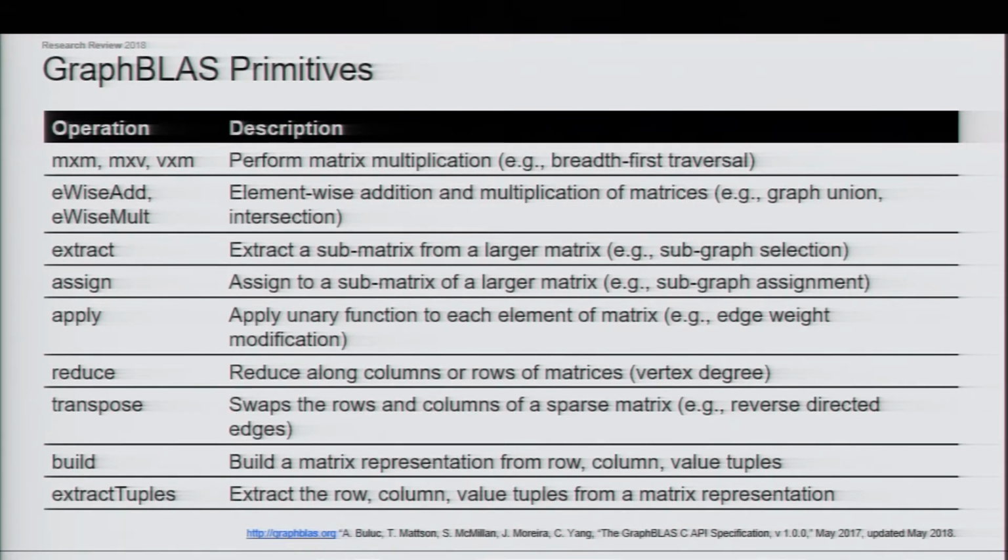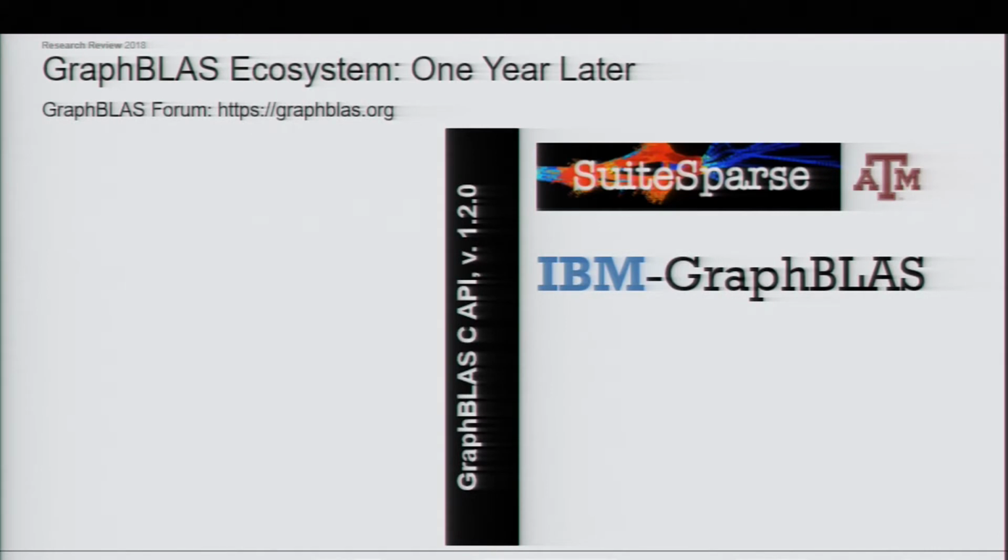That was last year. So what's happened in 1 year? It's really quite amazing what's happened. We did another couple of releases of the API, mainly driven by the development of implementations at a couple of different places. They found problems with the spec wording, a couple of minor errors in different operations.